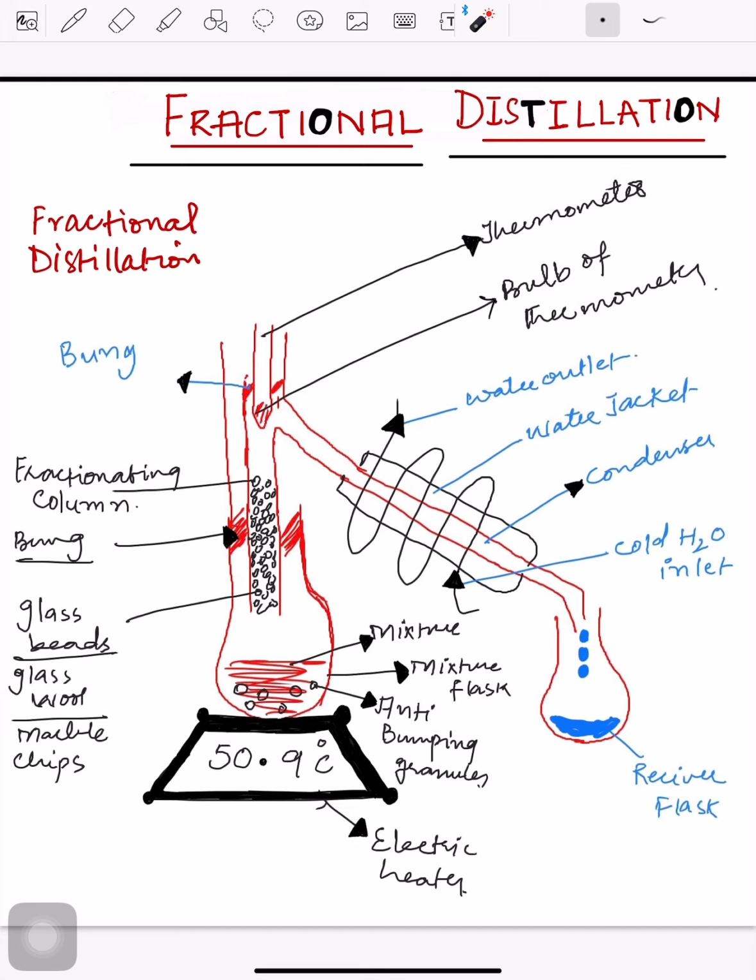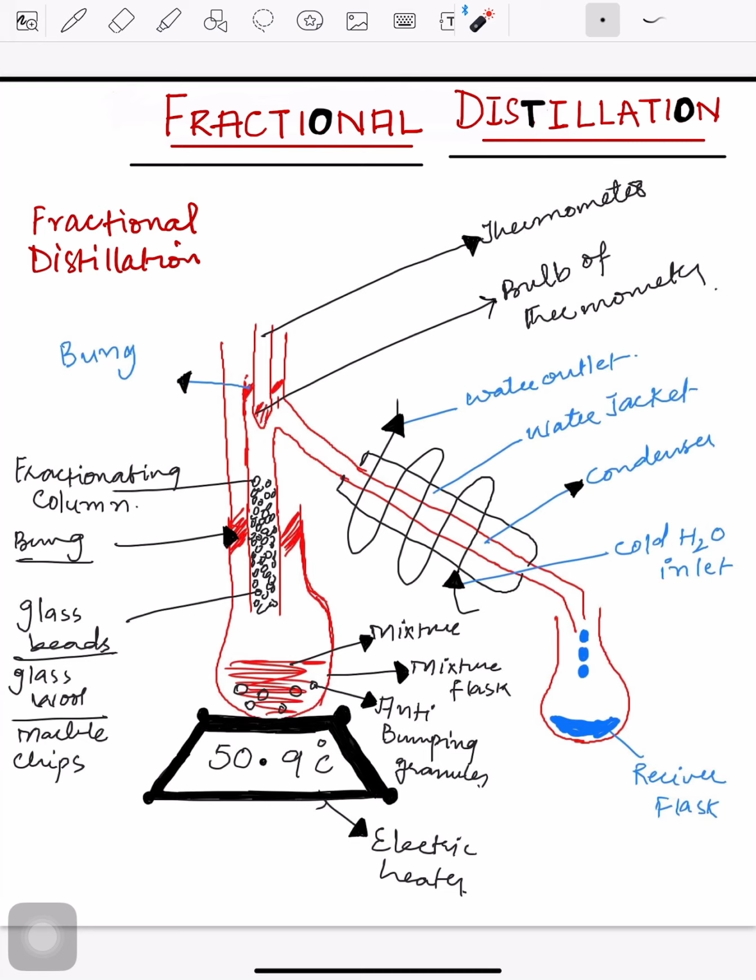We already know that air is a mixture of gases: 78% nitrogen, 21% oxygen, 0.03% carbon dioxide. The remaining gases are helium, neon, argon. Water vapors are present as well. If we are talking about dry air, then we will not discuss water vapors. All these fractions of air can be separated from each other with the help of fractional distillation.